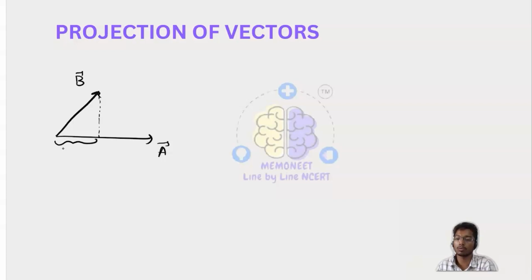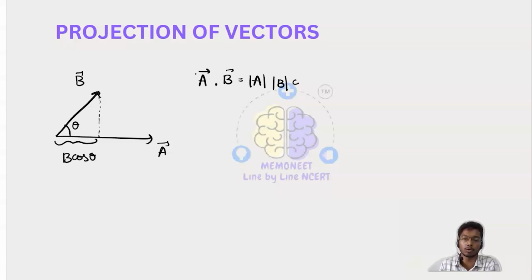If it is having angle theta, then b cos theta is the projection here. So we can write a vector dot b vector is equal to a magnitude into b magnitude cos theta.